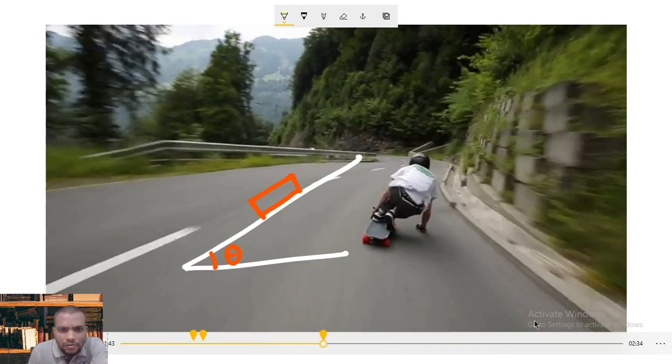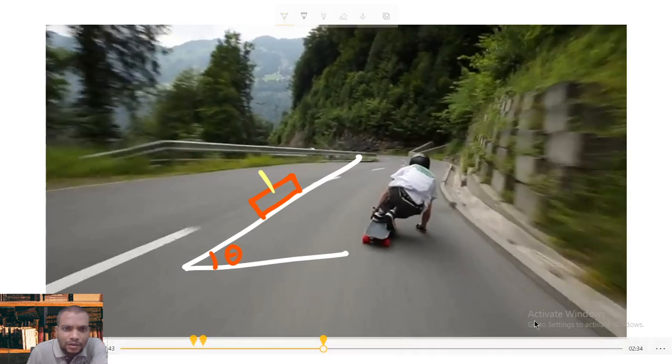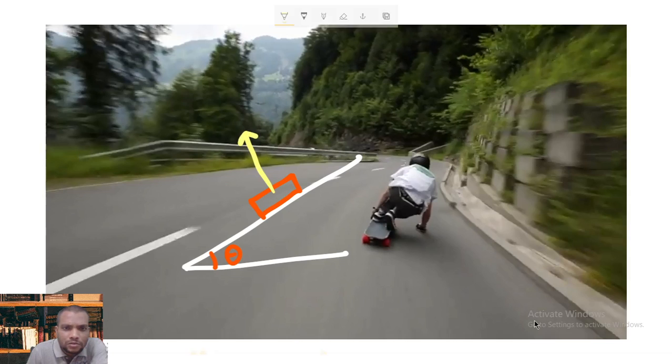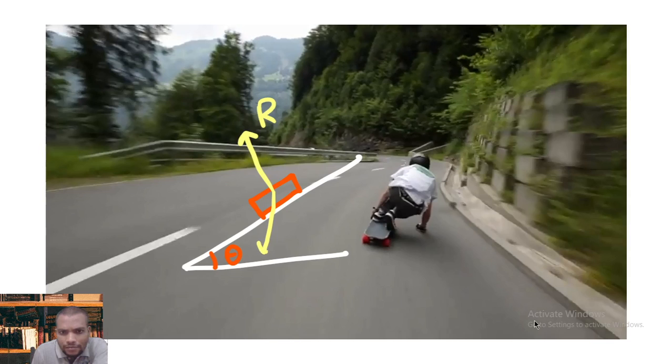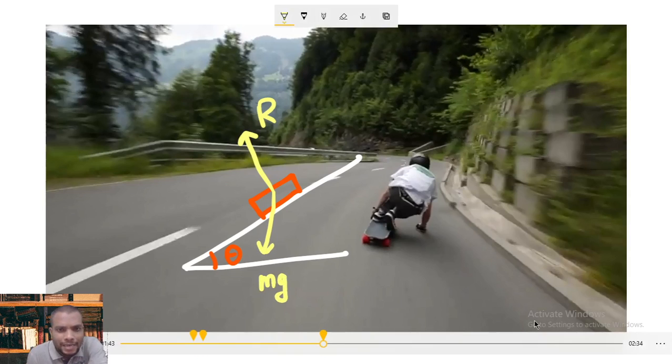Now, as usual, we know there are two forces acting. Right up there is the normal reaction force R, and right down there is the force of gravity acting in the downward direction, which is mg.